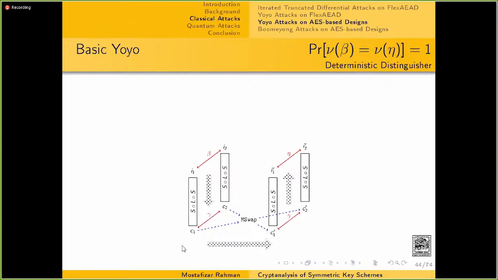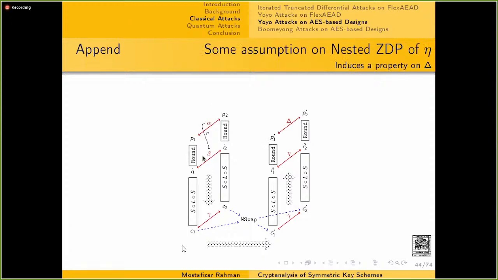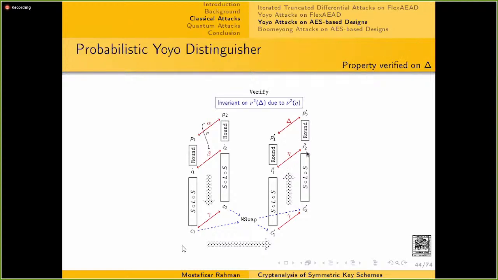In the prepend-append strategy, this is our basic EO that has been done on the SLS layer. We are prepending some number of rounds and appending some number of rounds. From alpha to beta, we are prepending a differential, and in the last part from eta to delta, we are also appending a differential.